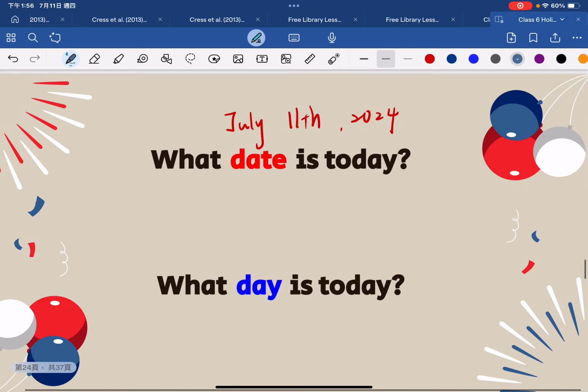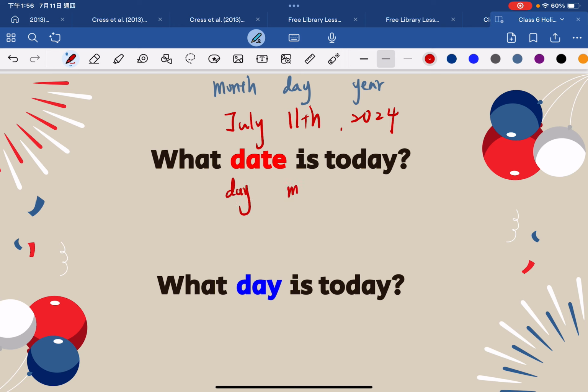So we put the month at the front, then we put the date second, then we put the year in the back. Sometimes you might also see them put the day in front, month second, and year at the end. It really depends on the region, but mostly in the United States we use the first one. Okay.